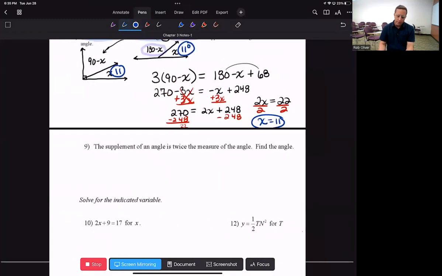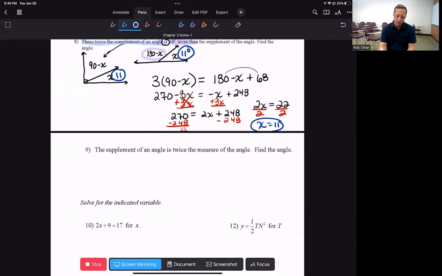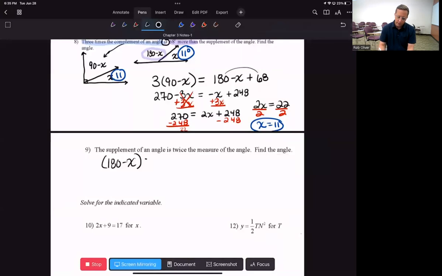All right, the supplement of an angle, which we've already discovered is 180 minus x, is twice the measure of the angle. "Is" means equals. So 2 times x.